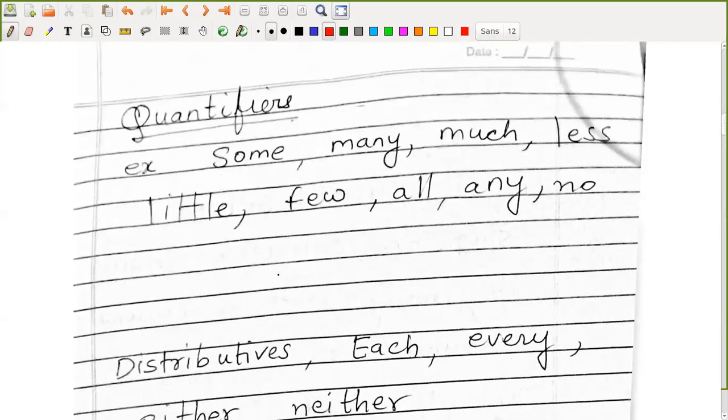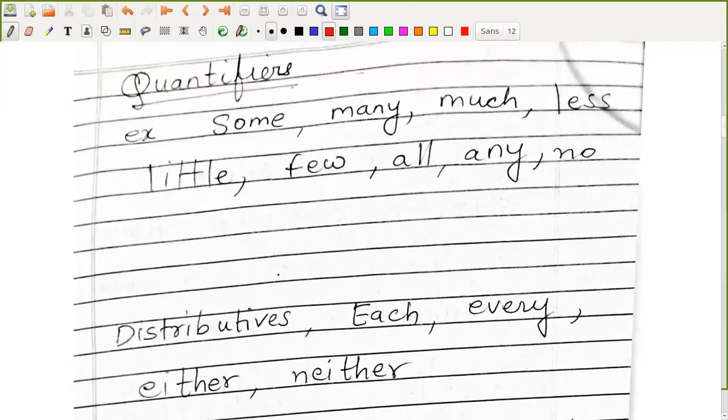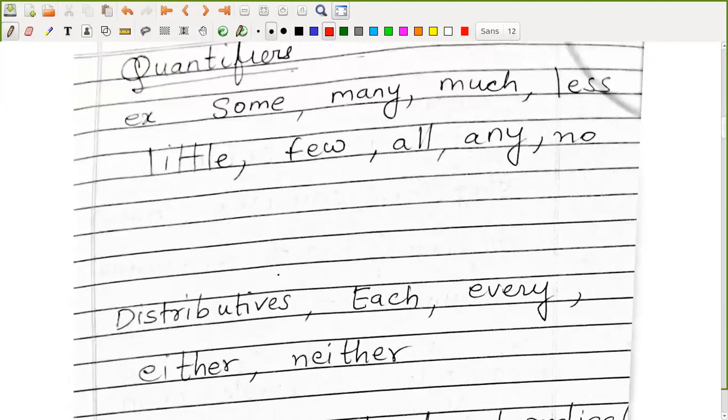Then quantifiers. The examples of quantifiers are: some, many, much, less, little, few, all, any, no. These are the examples of quantifiers. All these are determiners.